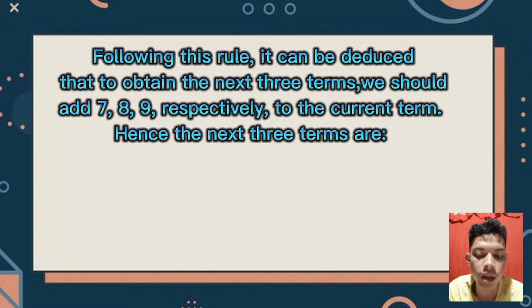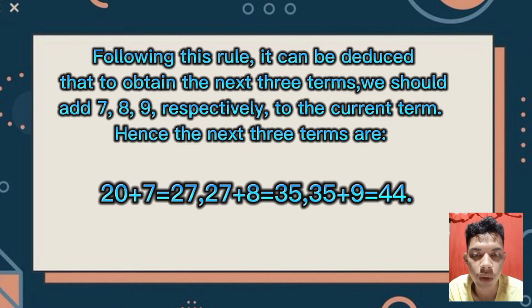Following this rule, it can be deduced that to obtain the next three terms, we should add 7, 8, 9 respectively to the current term. Hence, the next three terms are 20 plus 7 equals 27, 27 plus 8 equals 35, and 35 plus 9 equals 44.